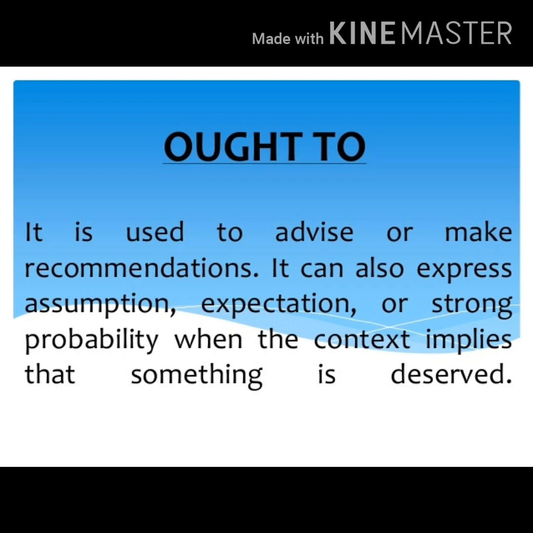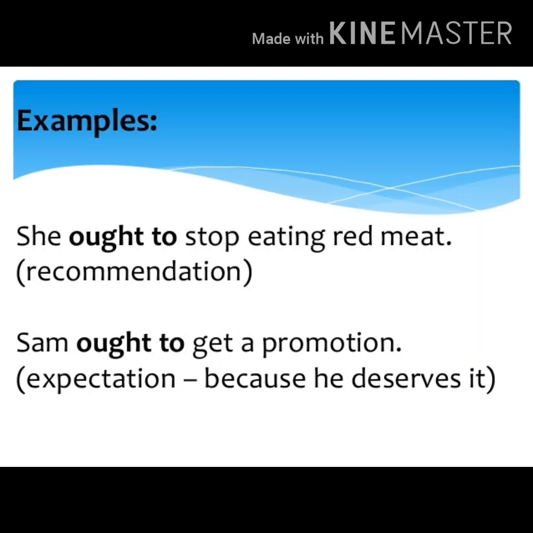After must, here is ought to. It is used to advise or make recommendations. It can also express assumptions, expectations, or strong probability when the context implies that something is deserved. To recommend something, we can use this modal verb ought to: She ought to stop eating red meat.